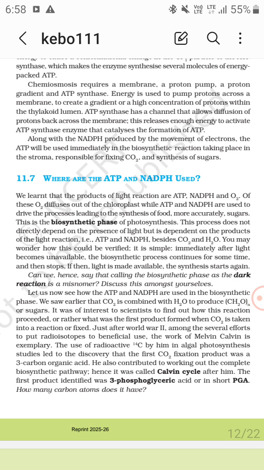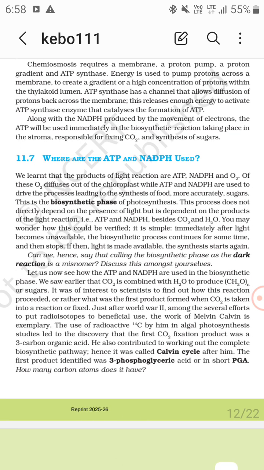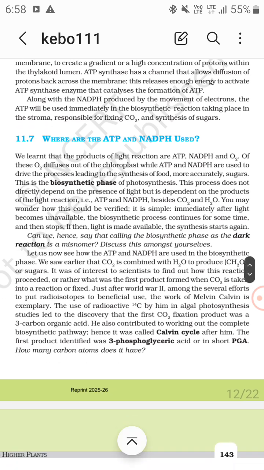So NADPH and ATP are used immediately in the biosynthetic reactions. Biosynthetic reaction is responsible for fixing CO2 and synthesis of sugars, and then it is stored as starch.